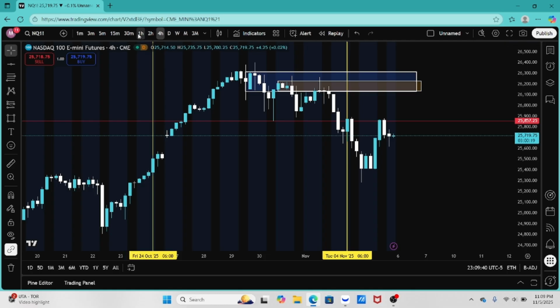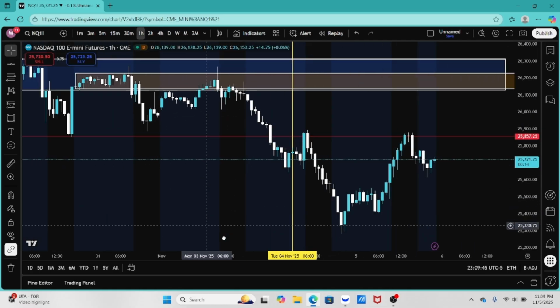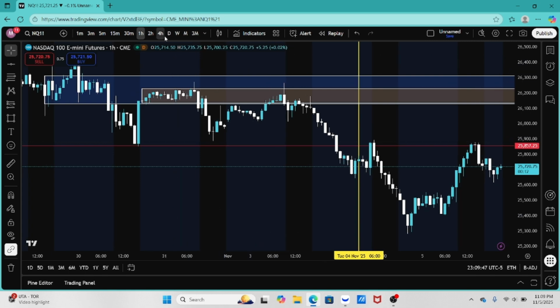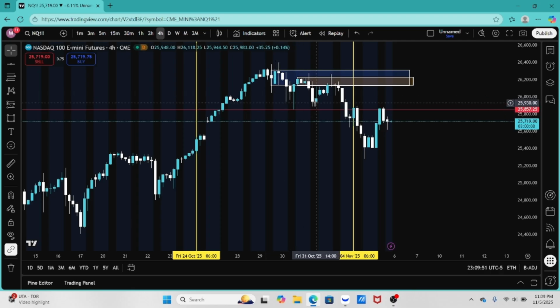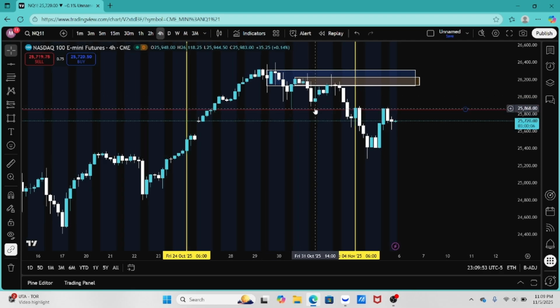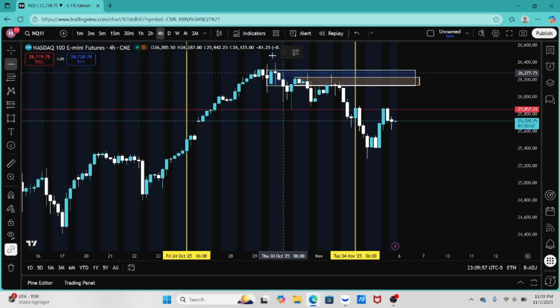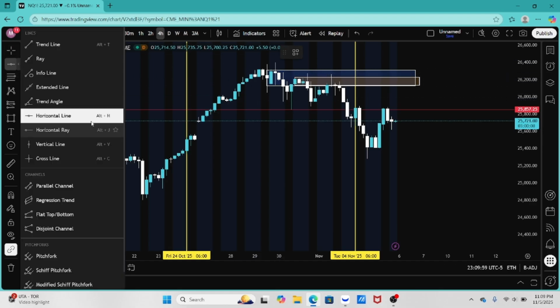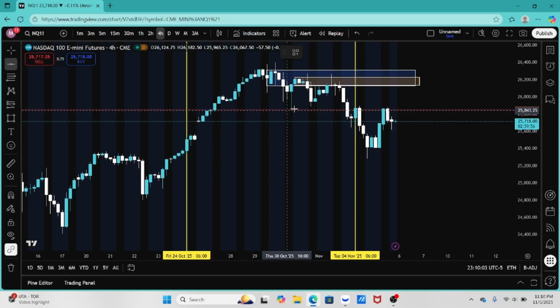This one, let's go into the hourly. Before that, actually, let me go back for a second. So we have these equal lows marked out here. You want to have your levels marked out. And I'll go over all this in a minute. So we have one level of area of interest right here.